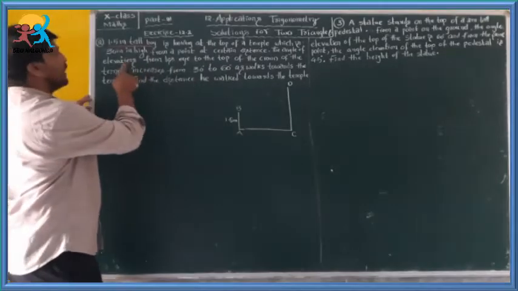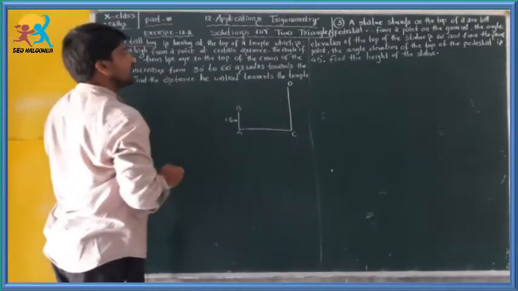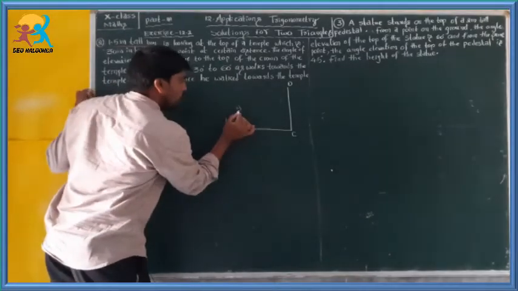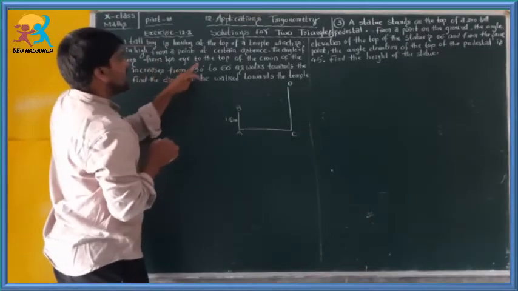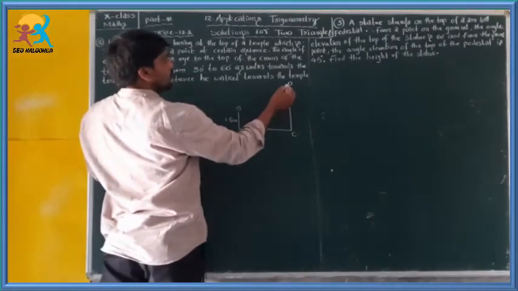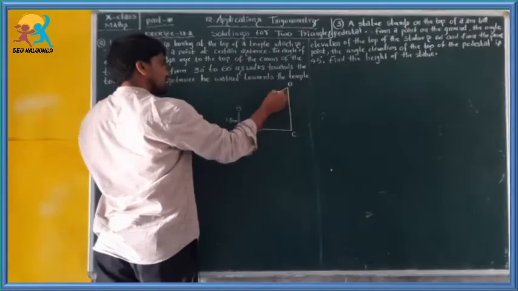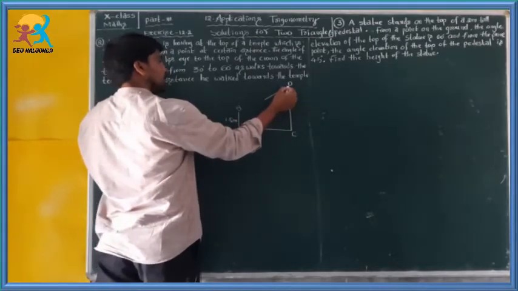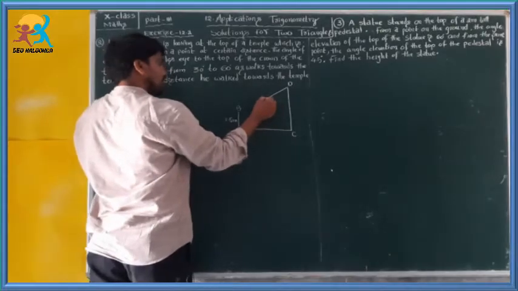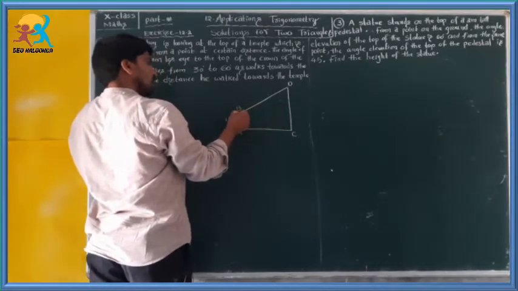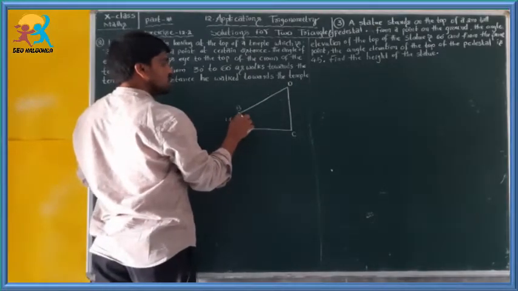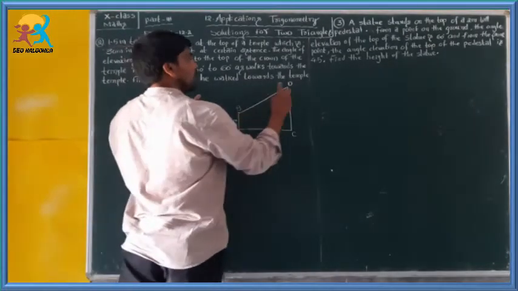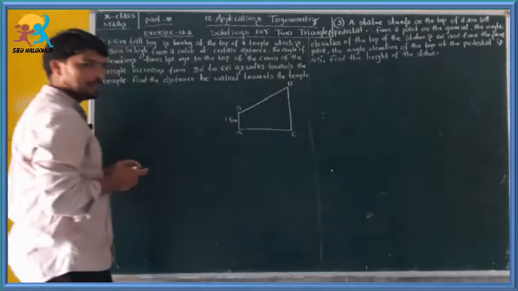The angle of elevation from his eye to the top of the temple crown, right. This is the line of sight, the line joining the eyes of the observer to the crown of the temple.